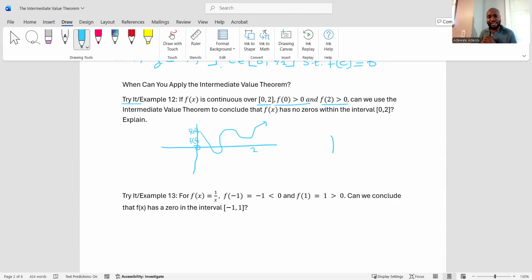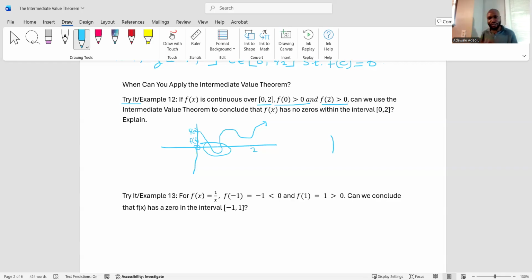It turns out that this example I'm giving says otherwise. We cannot use IVT to make that conclusion, because I have just created something here where, in fact, we have two zeros, and it is within 0 and 2, right? So it is not enough to make that conclusion because we have that situation.